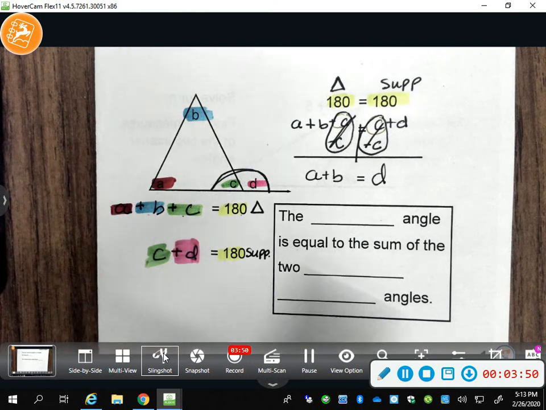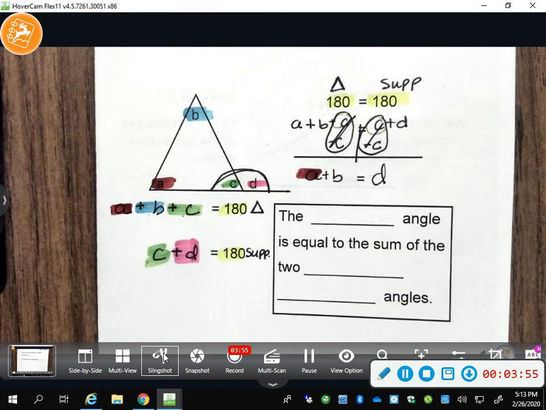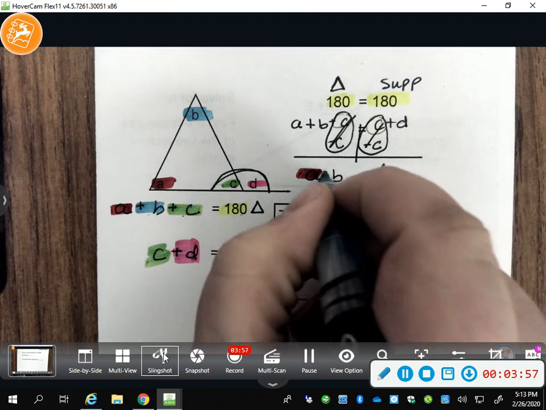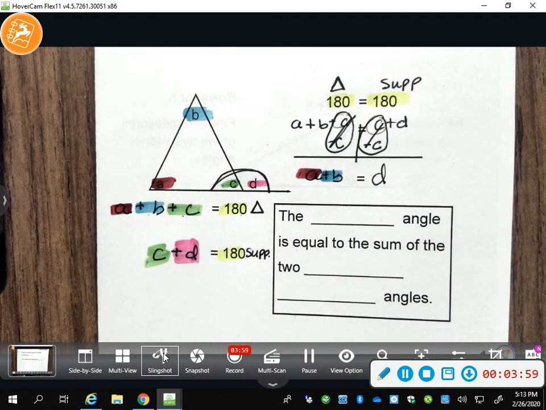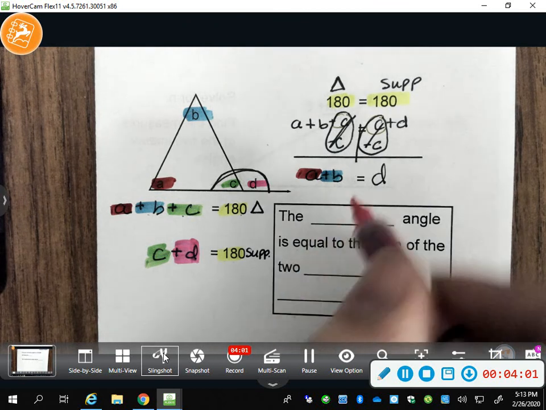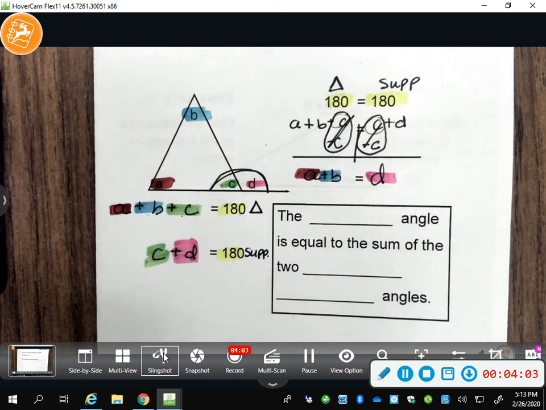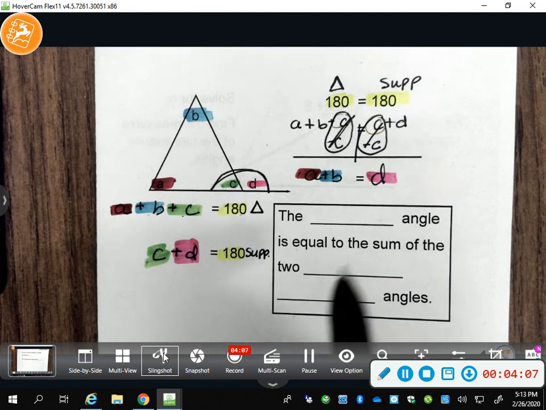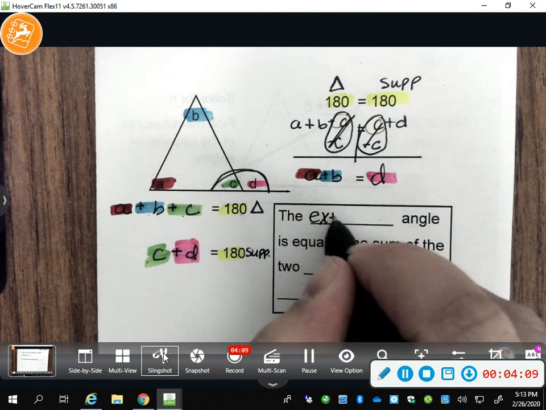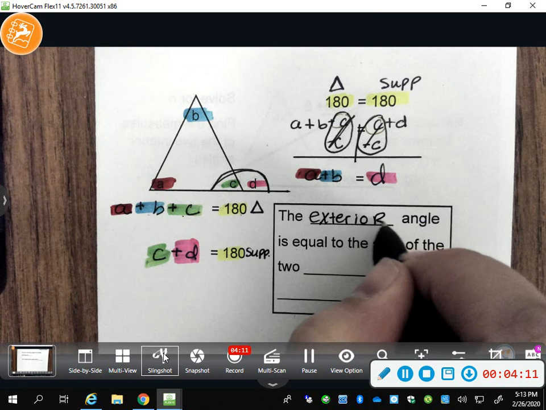This means that the red angle, angle A, plus the blue angle, angle B, is the exact same as the pink angle, angle D. D is outside of the triangle, so we call that the exterior angle. Exterior meaning outside.